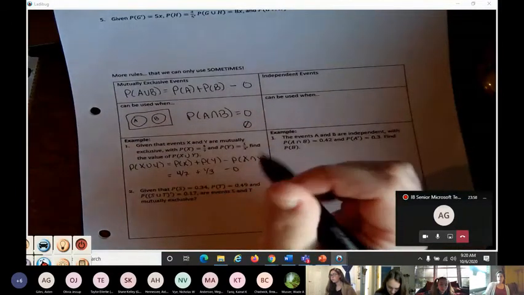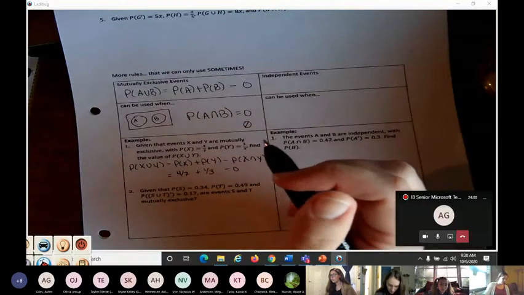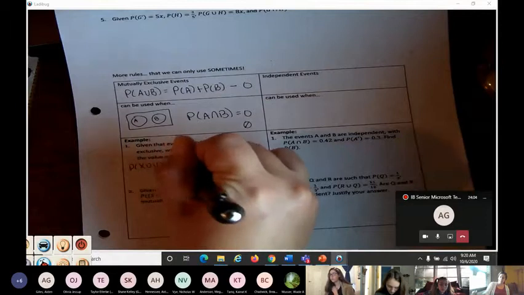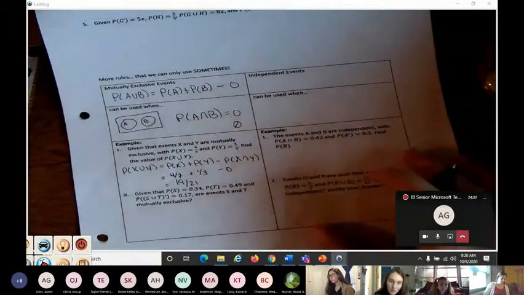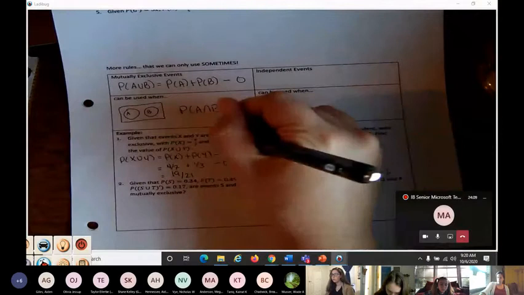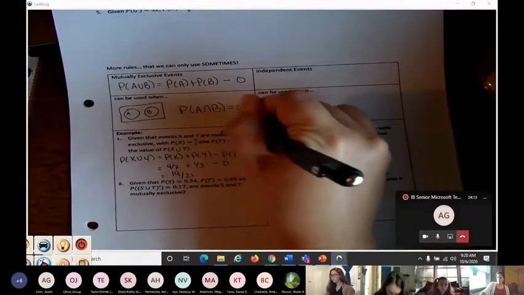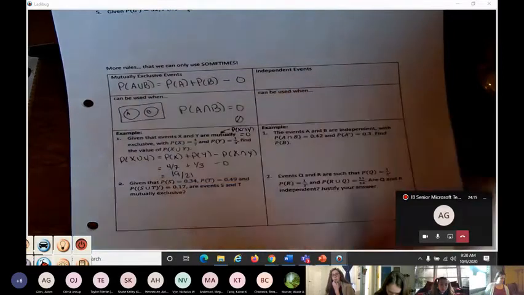When I find a common denominator, it will be 21, and I end up getting 19 out of 21. So again, this means that P of X intersect Y is equal to 0.